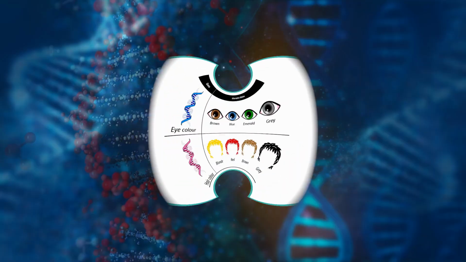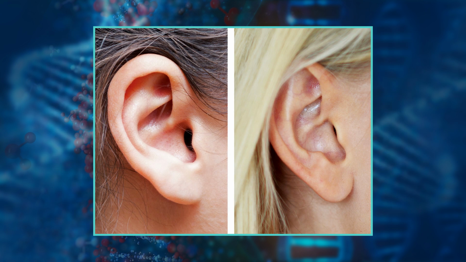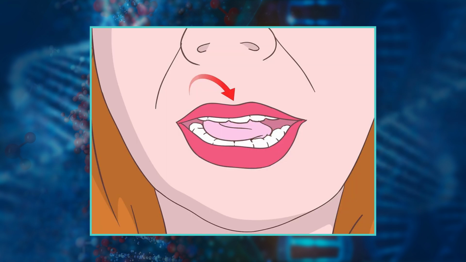So this doesn't really apply to things like how cells divide, because this is similar among all cells. Additionally, traits generally refer to things that we can see, that is eye color, hair color, skin color, attached earlobes, tongue rolling, etc. Each version of a trait is called an allele.